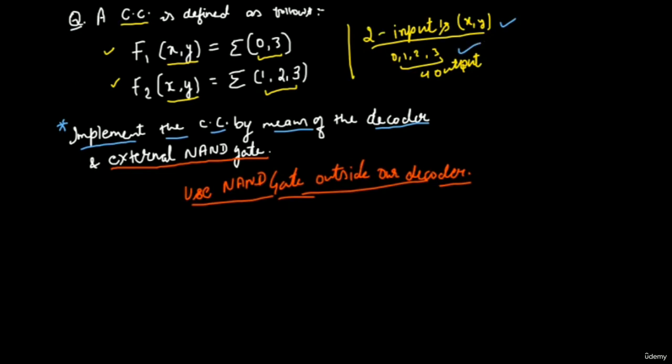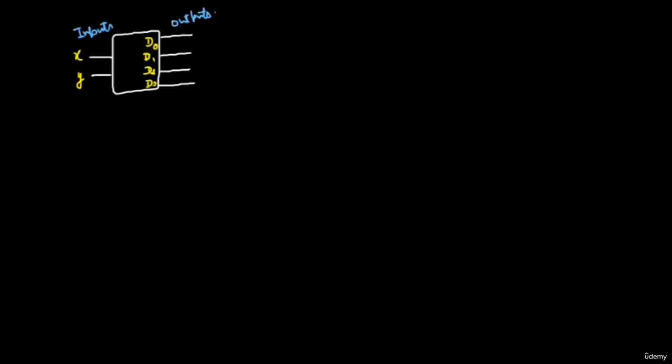So now it's time to do the next thing. According to the question, we need to implement NAND gates outside. So let's see how we can do this. First of all, we need the NAND gates. For the NAND gate, I am giving just one input, so I am making it a one input line.